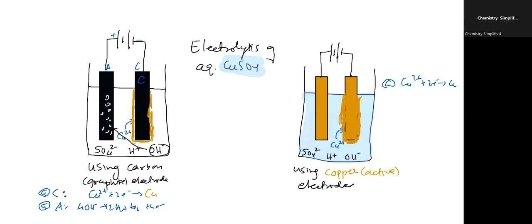Obviously, now H plus and the sulfate ions are the remaining, so it will form sulfuric acid, which is a colorless acid. So the solution loses its blue color. Over here also copper ions are being lost, so this should also lose its blue color, but it doesn't lose the blue color. Reason?